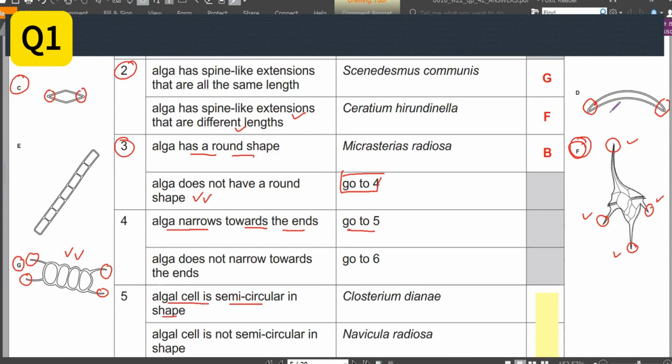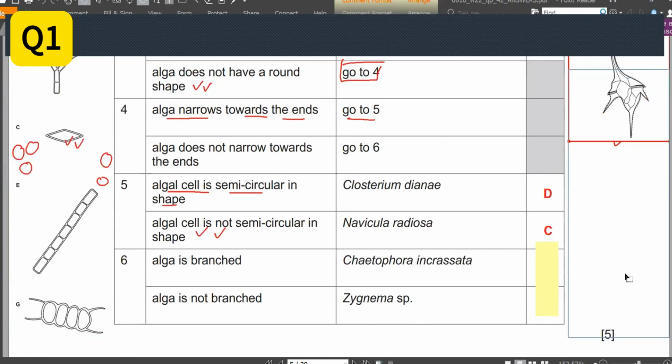Semicircular, straight away, we can relate to the desmid. So the answer here is the desmid. Next, alga cell, not semicircular. Straightforward, it will be C here. Narrow towards the end, but not semicircular. So the next answer will be C.